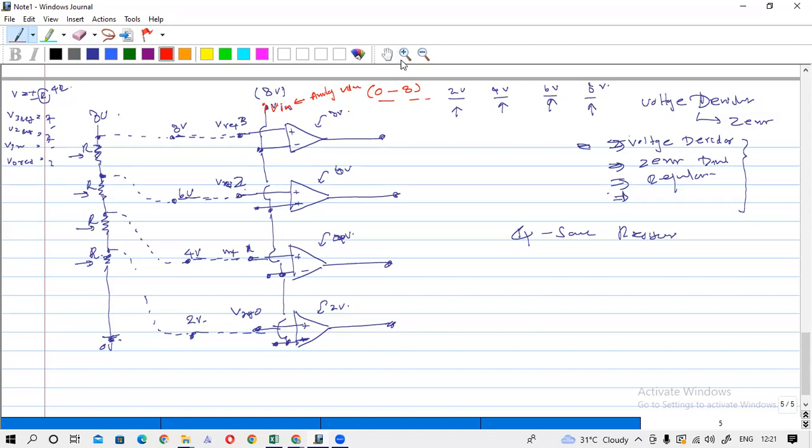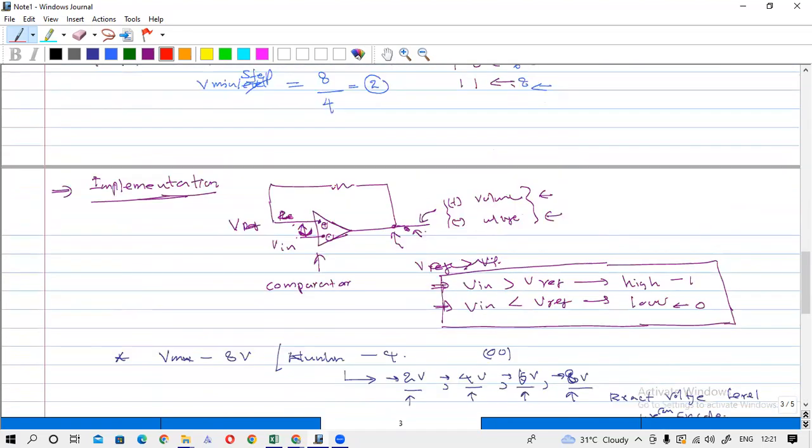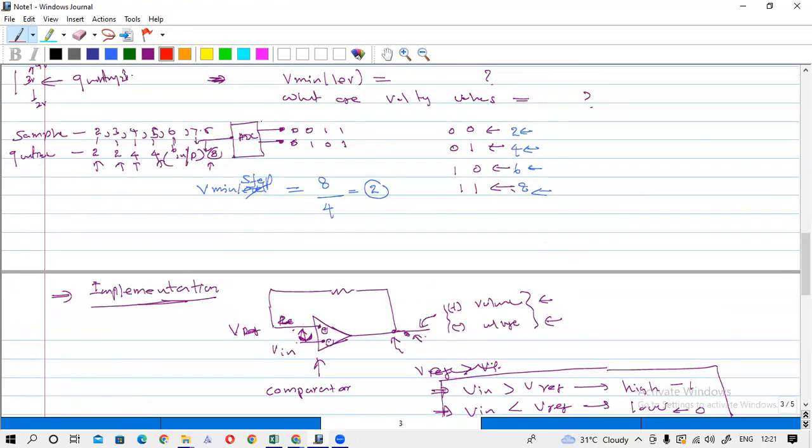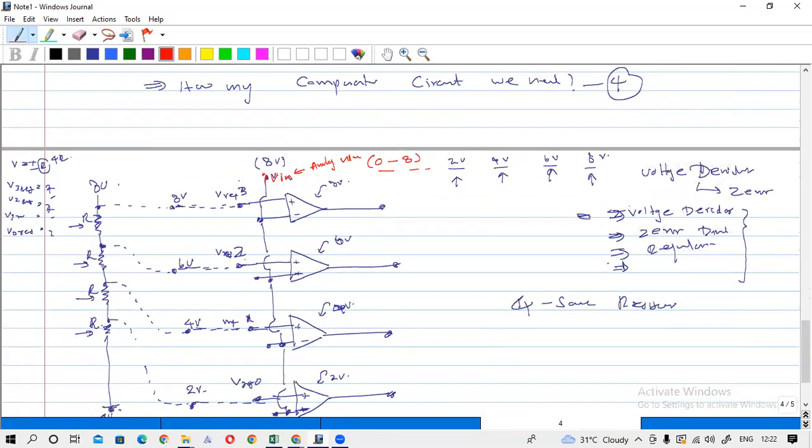Correct? Do you have any issue? This is my ADC. Now I am going to implement this ADC. I should have one input, and to the input I have to give the V in, so it will be my analog signal. I connect that analog signal to this V in pin.